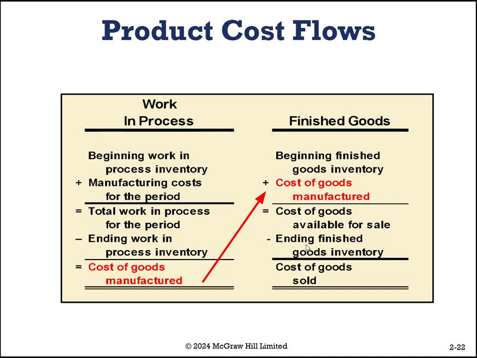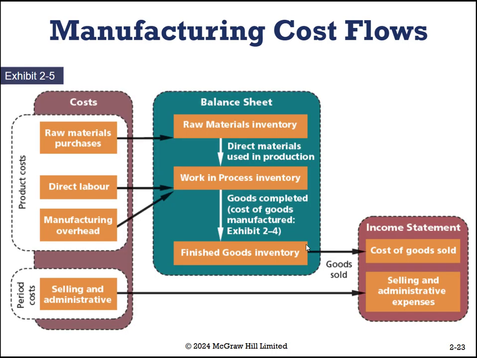Otherwise, a big overview, and I really like this visual from your textbook, of manufacturing costs. Please take a picture, keep these in your notes and add around them, because it shows that we have our raw materials, our direct labor, our manufacturing overhead, and these are all going to be part of our inventory account.